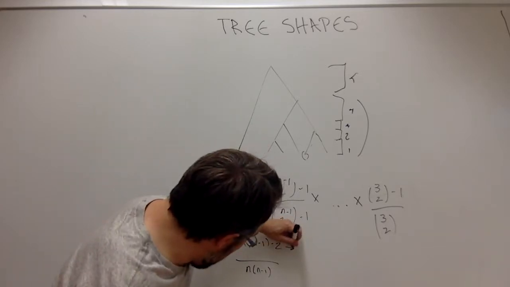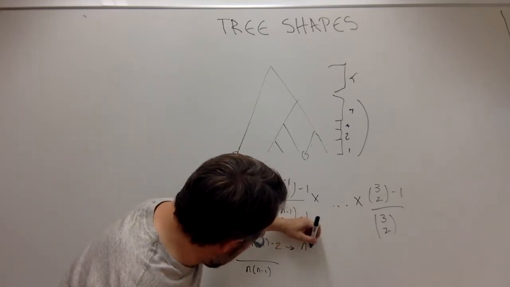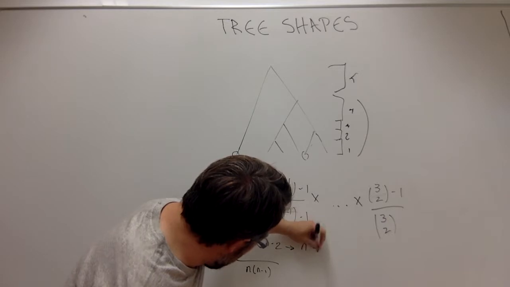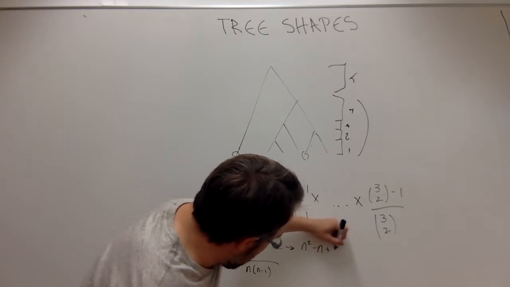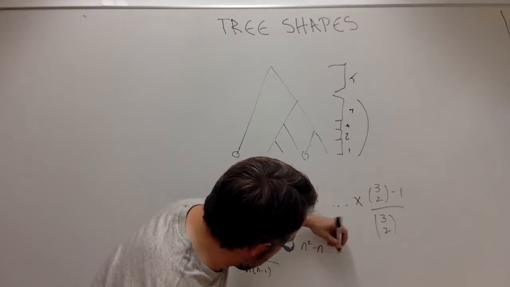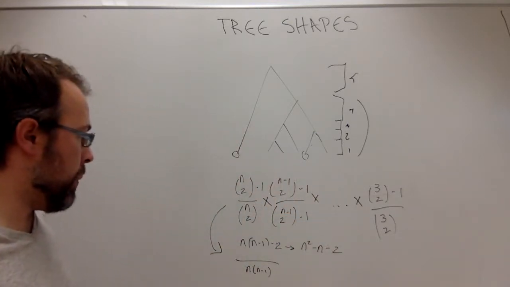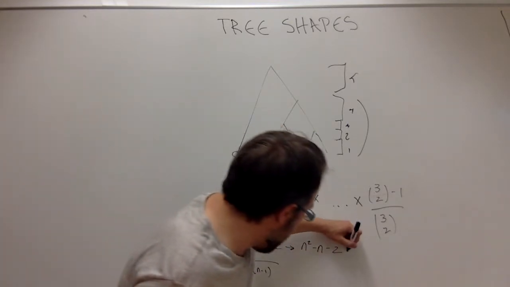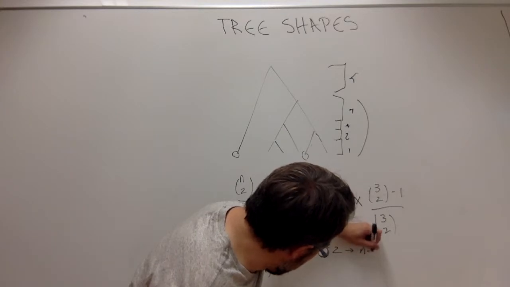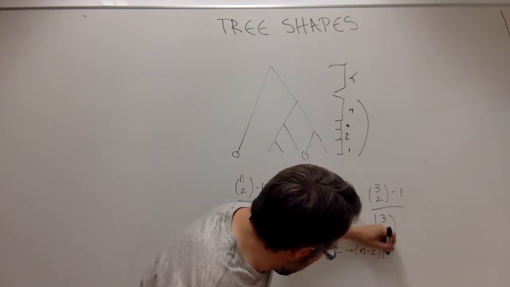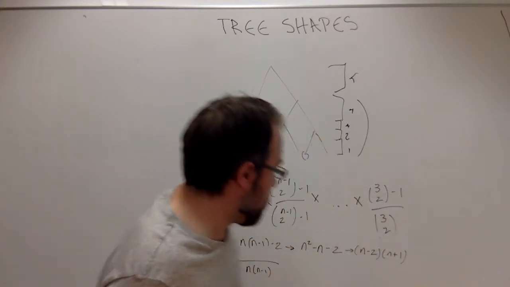So this is equal to n squared minus n minus 2, which can be factored as n minus 2 times n plus 1.